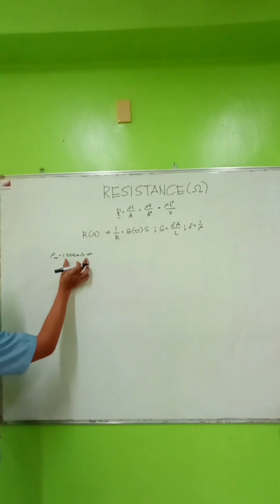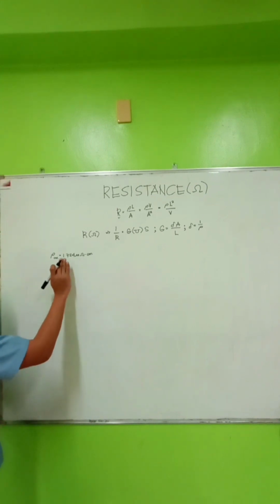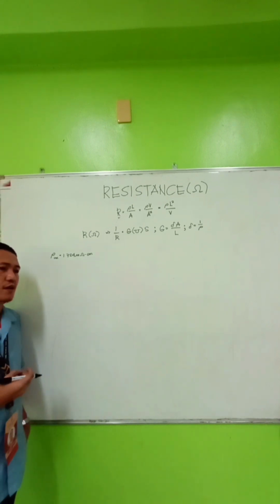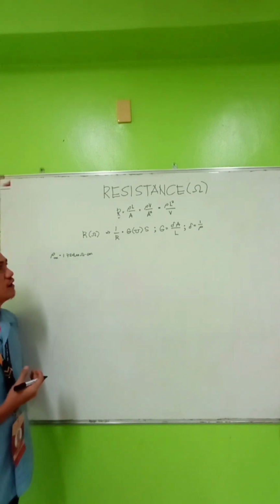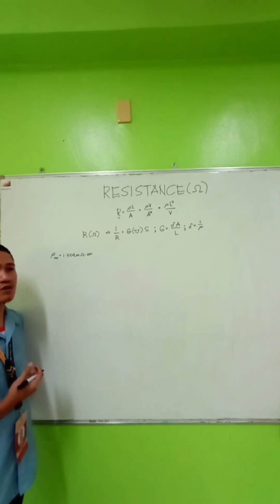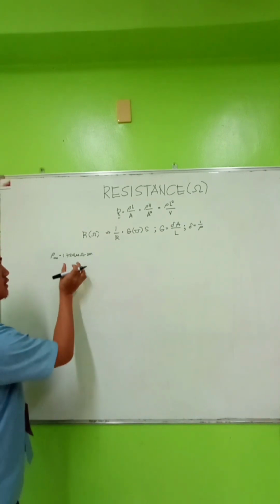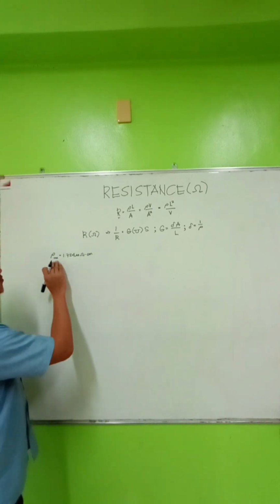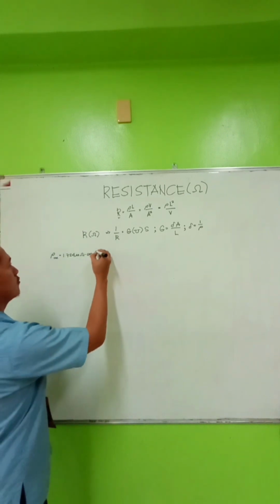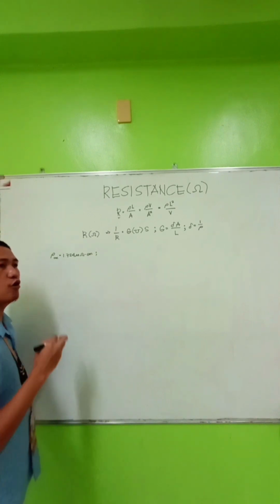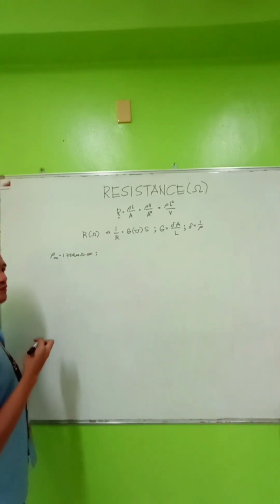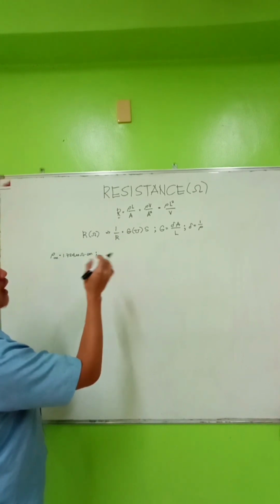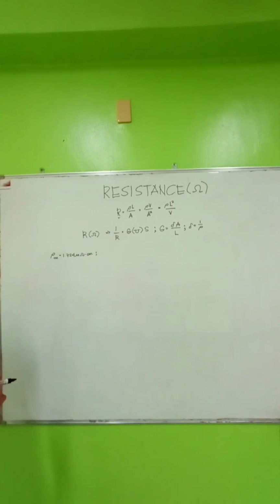So, let's not forget the values of our resistivity, because there are problems in the board exam that will not give you the value of the resistivity. So, it is your task to memorize the values of resistivity. But this is very common. We only have two common materials. We have, what? Aluminum. Okay?